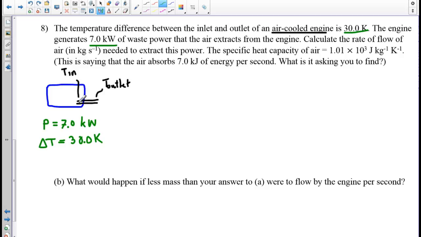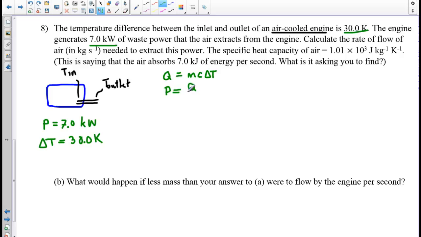The air absorbs heat from the engine and then takes that heat away. So if the air is absorbing heat, I'm starting to think Q equals mc delta T, because the air heats up, taking away the internal energy from the engine, and there's some power for that wasted energy that the air absorbs.